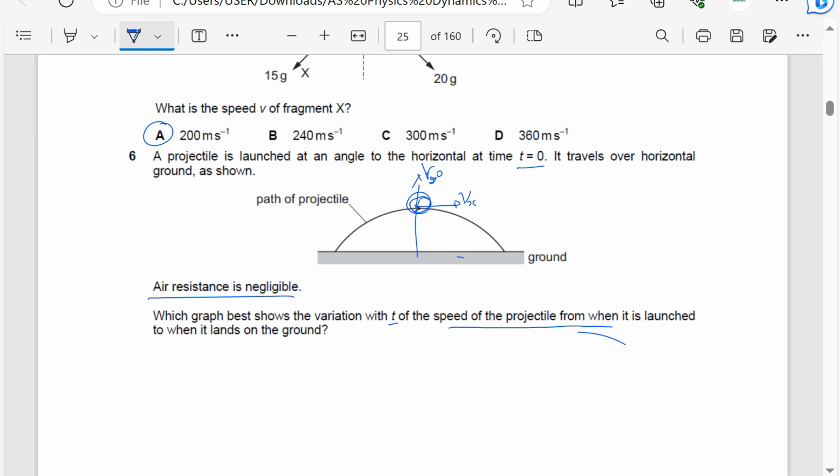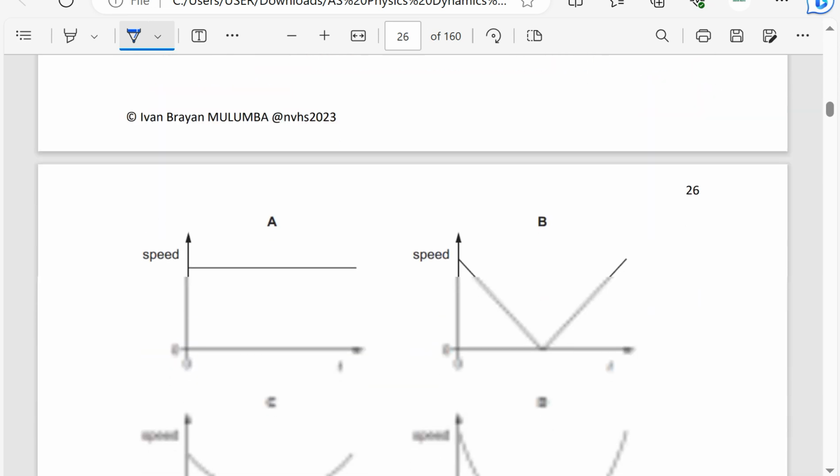So initially it is launched with a certain speed, the speed decreases, but it does not go to 0 because v in the x does not become 0. Then when it is falling, the speed increases until it reaches the same level as before when it hits the ground. So we should have something like that.